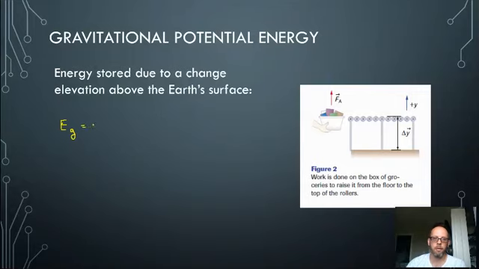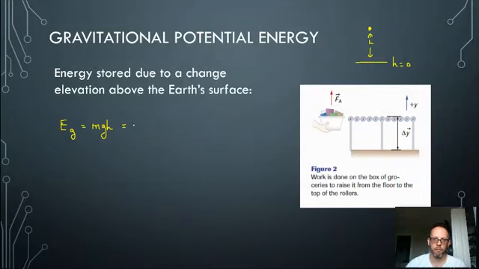So maybe you write it this way, mgh, where h is a height above some reference point. So you might have the ground being h equals 0, and then some object up in the air. And h is like the height above or below some reference height of 0.